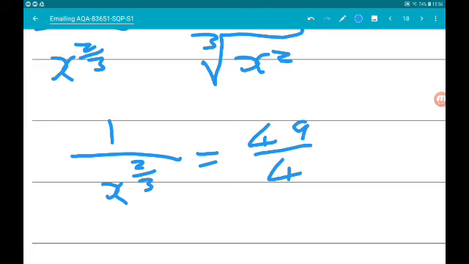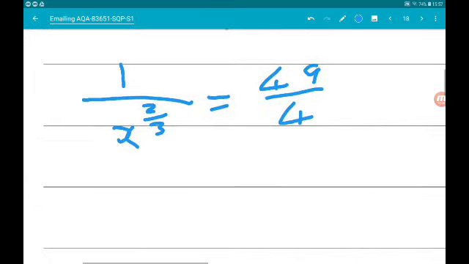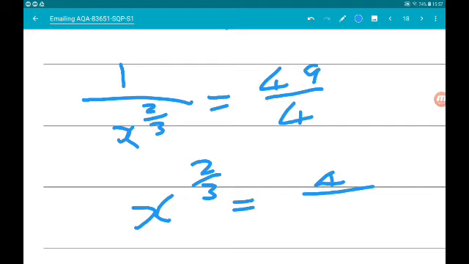Now, because here we only have one term on each side, we can flip the fractions. Now, the only reason that we can do that is because we only have a single term on each side. So that's going to give us x to the 2/3 equals 4 over 49.